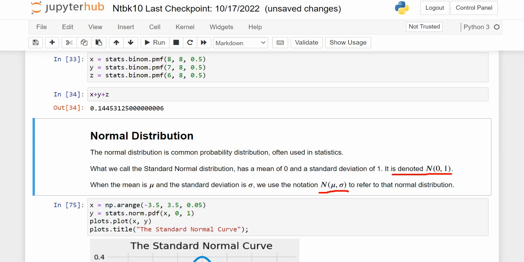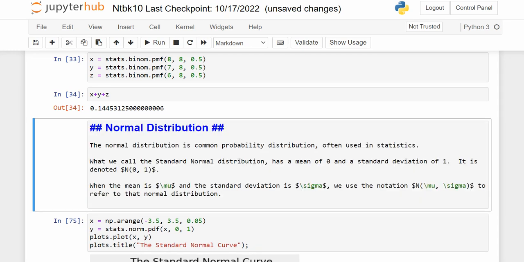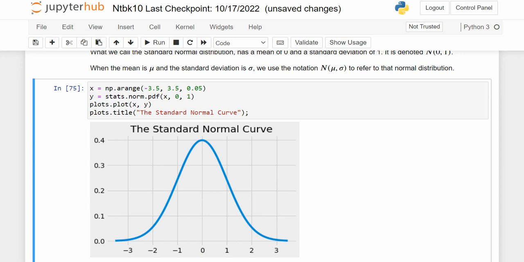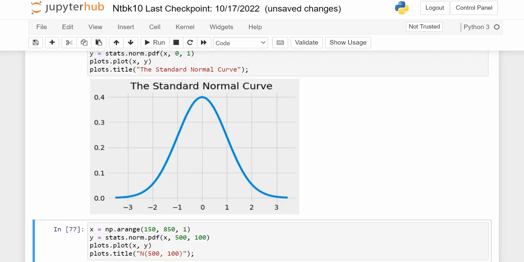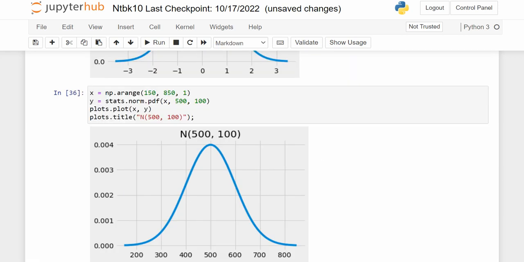Okay, so let's see this in action. We're just drawing the standard normal curve. You can see the center of the bell is right at 0. It is nice and symmetric. And 1 unit away from the center is where the standard deviation is. Sometimes the standard deviation isn't very easy to pick out visually.